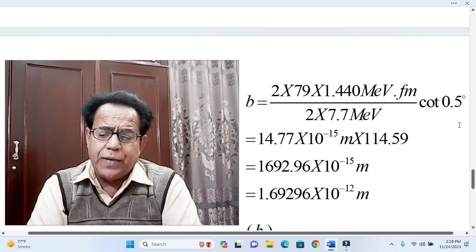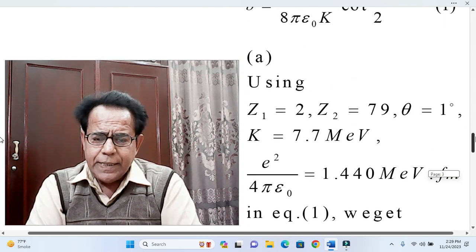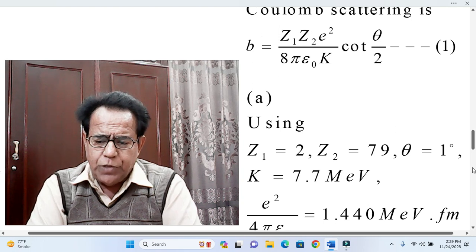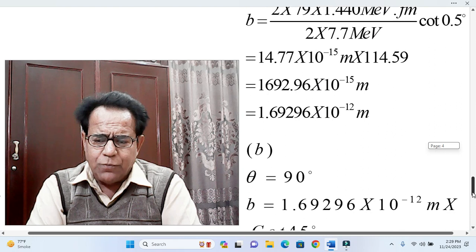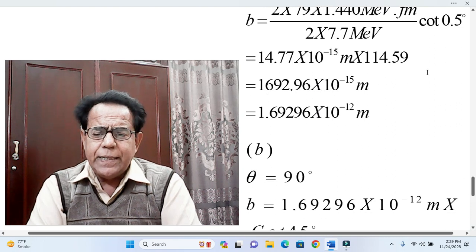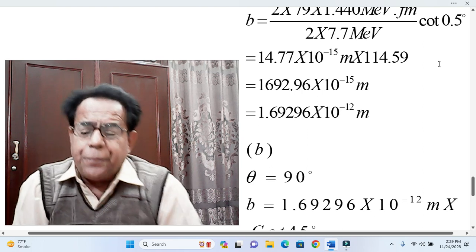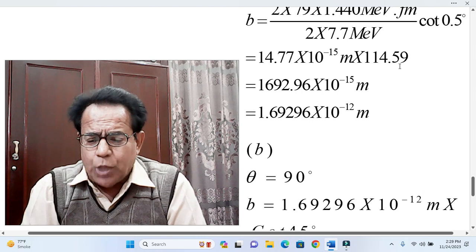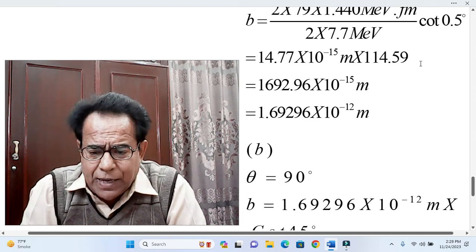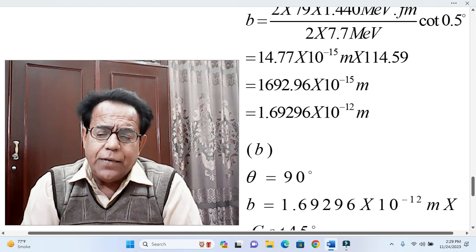Because when we put theta equal to 1 degree, then cot theta by 2 will become cot of 1 by 2, or 0.5. And if we find the value of cot 0.5 degree, it is 114.59. I have taken this value from the internet, from an online converter.